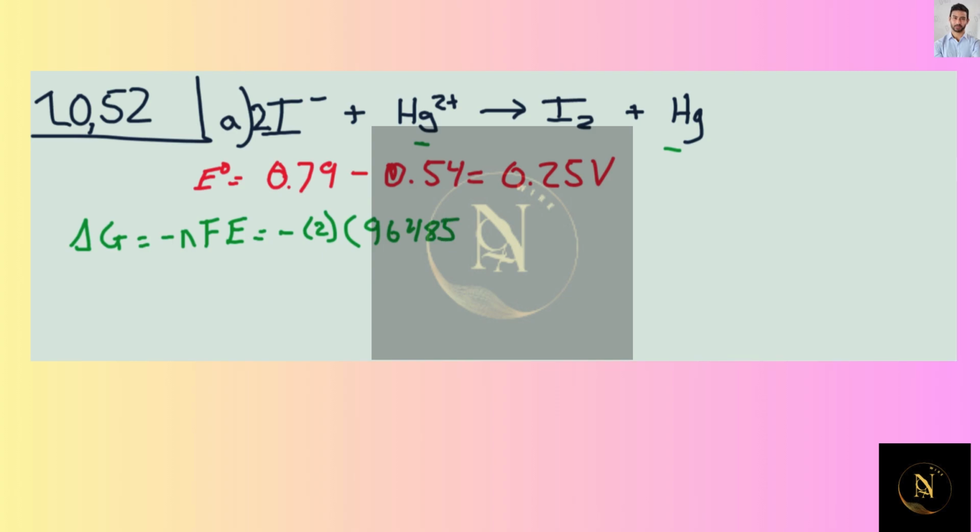The units for Faraday's constant are joules per volt mole. Then we multiply by the EMF which we just generated, which is 0.25.